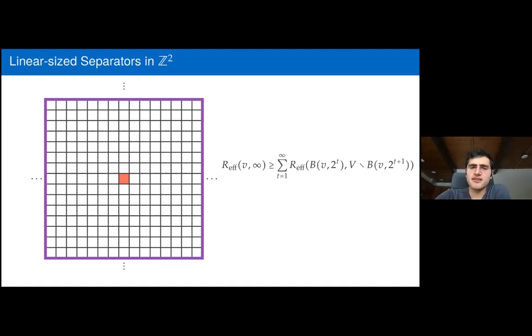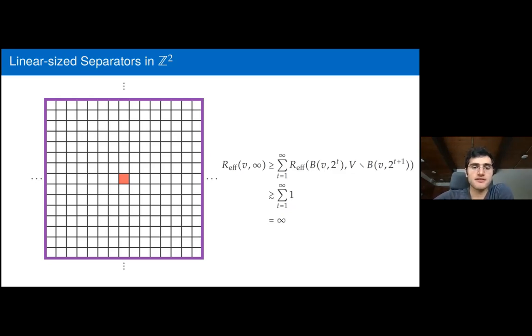For each of these, you would have a constant lower bound on the effective resistance, just because of what I said earlier, that you have R separators of size about R, and you get R times 1 over R, which is constant.